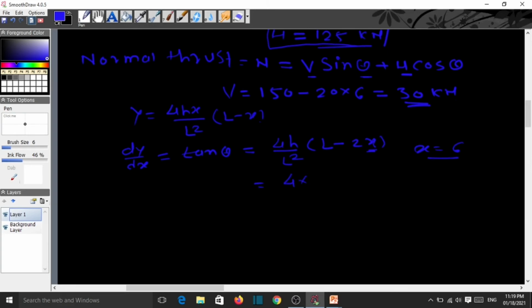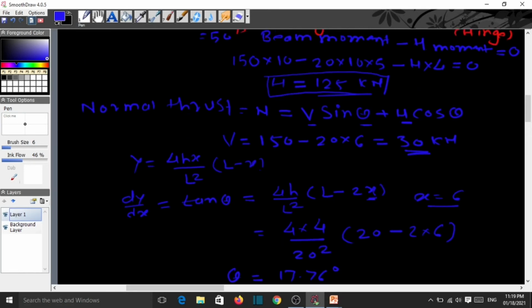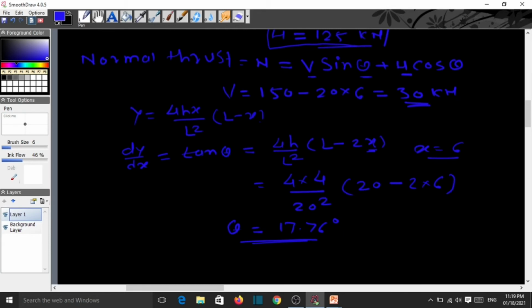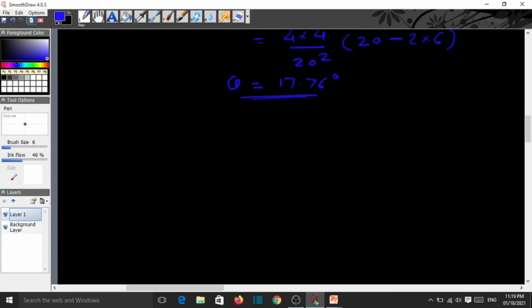Now 4, h is equal to 4, divided by 20 square, L is 20, minus 2 into 6. So here we got theta is equal to 17.76. So now in the previous equation, what are our unknowns? This V and this theta. So we got V is 30 and theta is equal to 17.76.